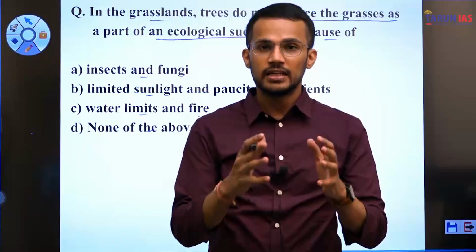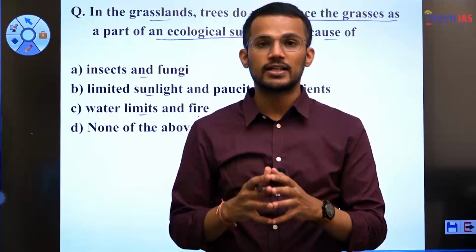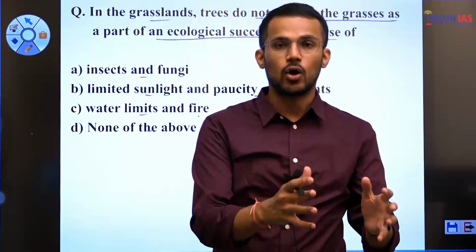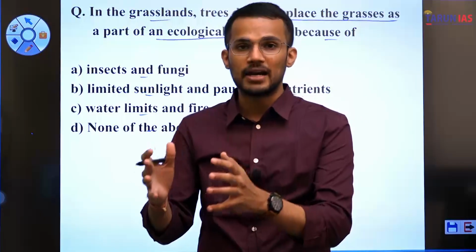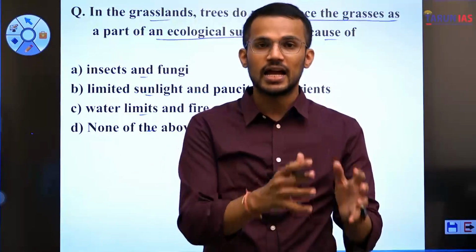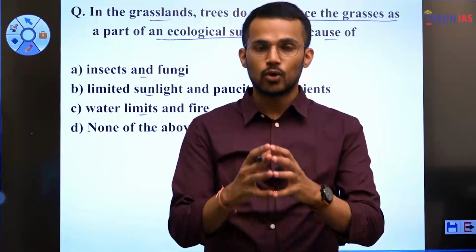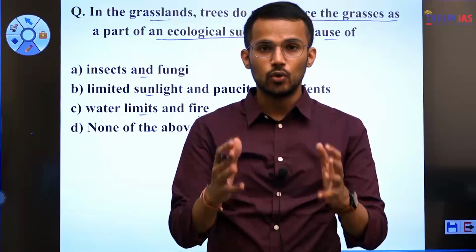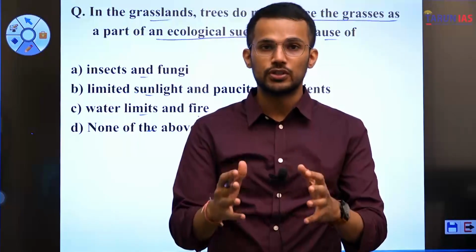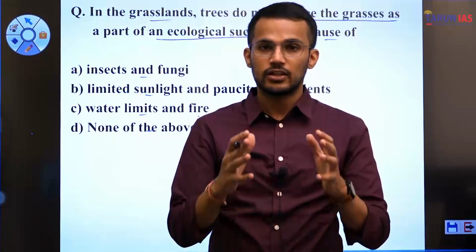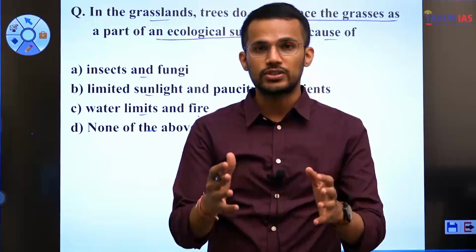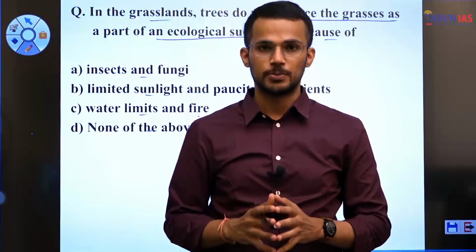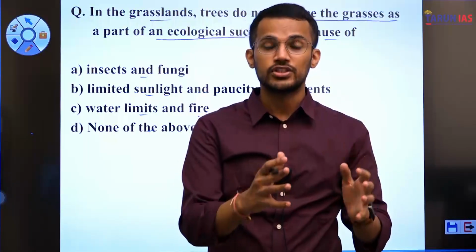Ecological succession is that phenomenon associated with an ecosystem based upon which one particular complex of species is replaced by another complex of species, and that is an ongoing process that occurs in an ecosystem, because we know that the composition of species is not fixed, it is in flux, and as a result there will be constant changes in the composition of species, and that is nothing but ecological succession.